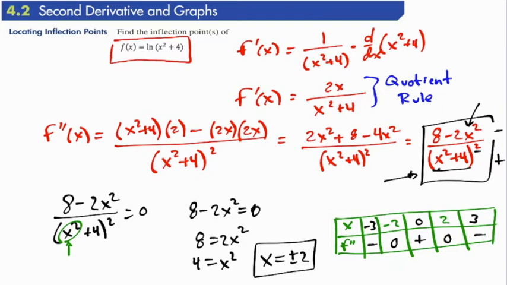So because we are changing concavity around x equals -2, that is an inflection point, and because we are changing concavity around x equals +2, that is another inflection point.